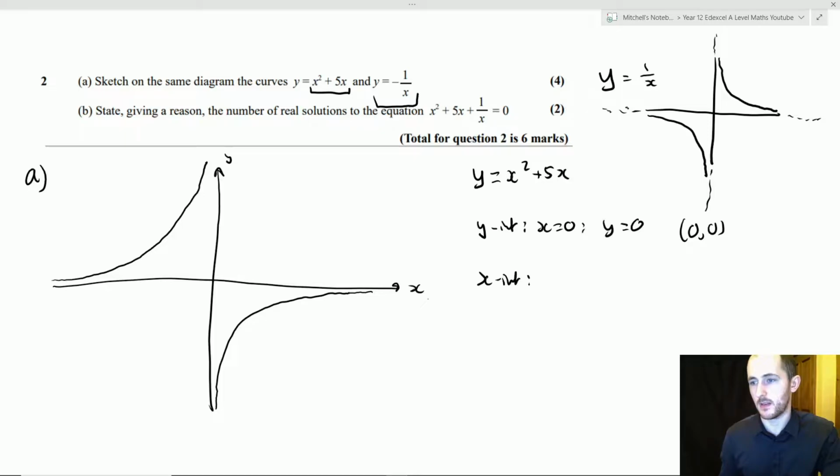X-intercept, I have y equals 0. And to solve that, we need to factorize. So the biggest thing I have to take out is x. So either we have x equals 0, which we do because that's this point over here, or we have x plus 5 equals 0, so x equals minus 5.